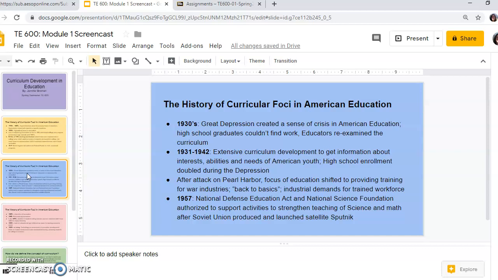In 1957, the National Defense Education Act and National Science Foundation were authorized to support activities to strengthen the teaching of science and math. This was after the Soviet Union produced and launched the satellite Sputnik, so there was a focus on increasing our education in science and math curriculum.